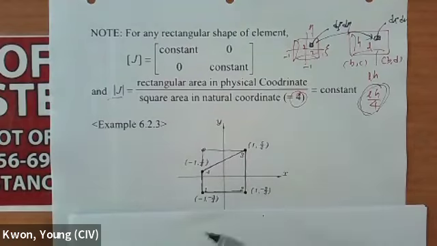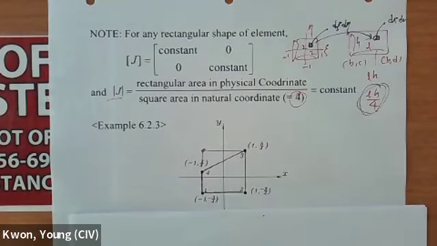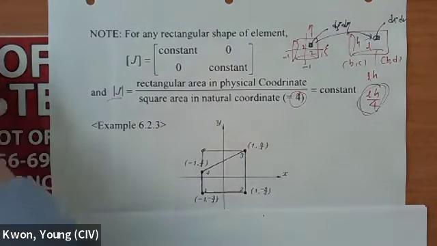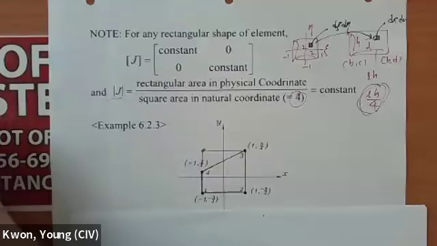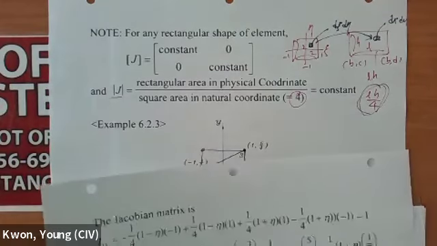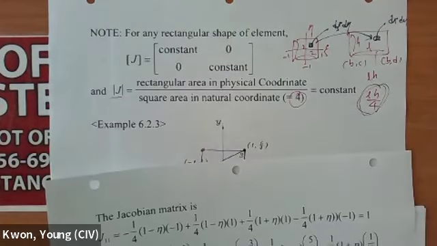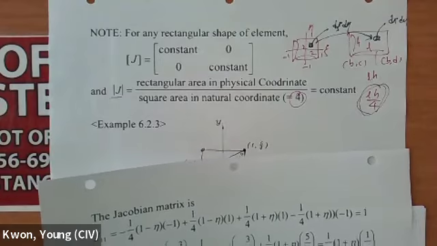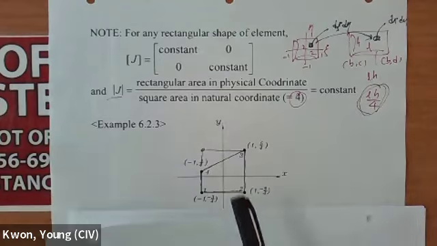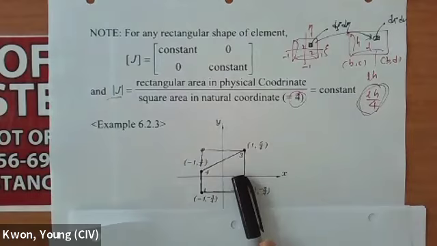How much difference does this make in the calculation of your element matrix? And again, the baseline is the same. What we derived in the previous slide is exactly the same regardless of the shape of the element in the physical coordinate system.